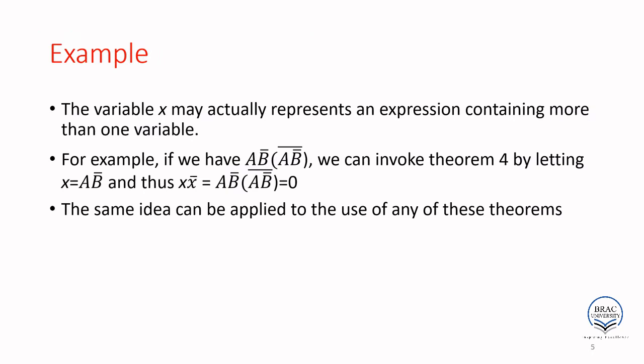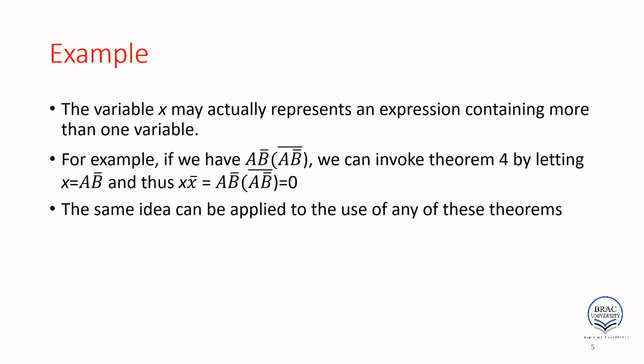For example, the variable x may actually represent an expression containing more than one variable. For example, if we have a b prime times (a b prime) whole prime, we can invoke theorem 4 by letting x equal a b prime.